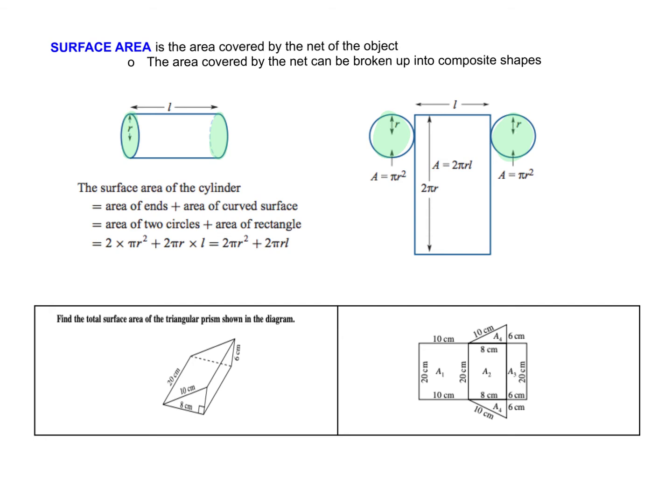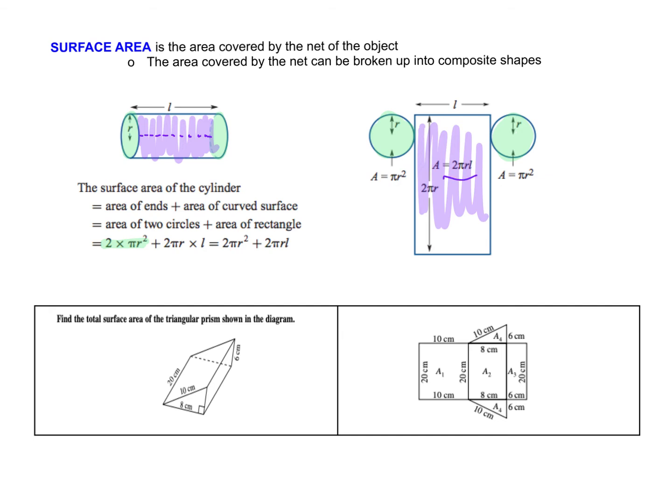If you look, the surface area of a cylinder says 2 pi r squared, because that's those 2 bits there. And then you've got the bit in the middle, along here. Just to show you, if you cut your can or your cylinder down the side like that, you will produce a rectangle.